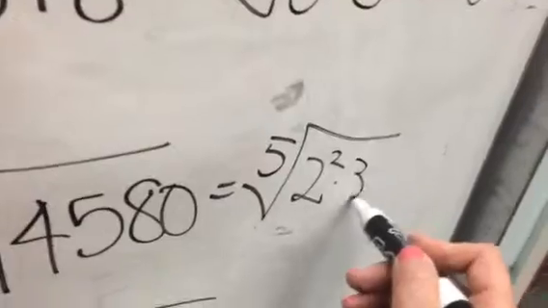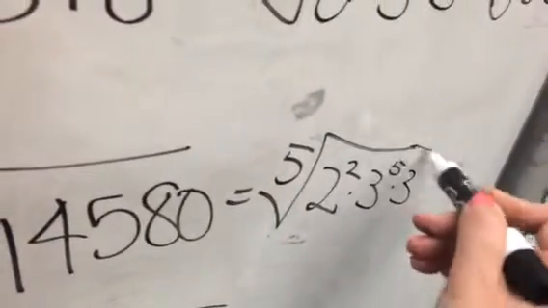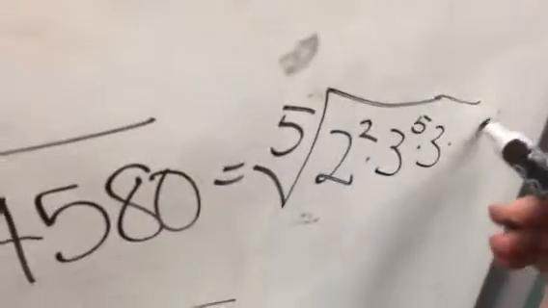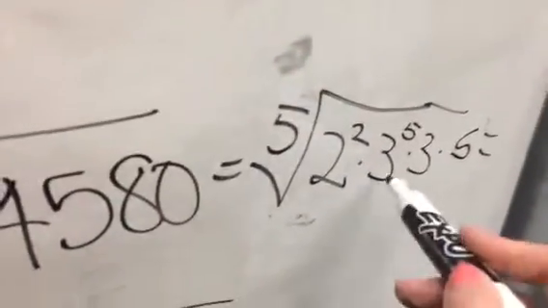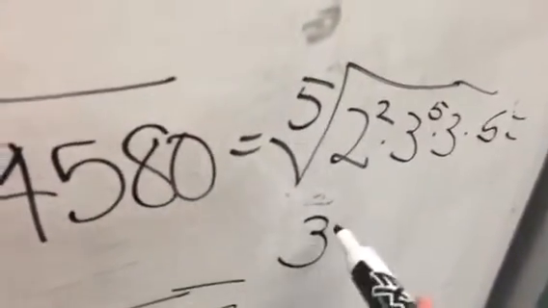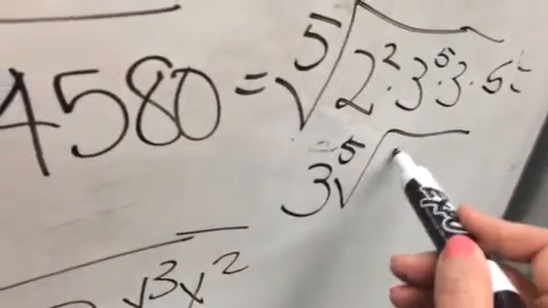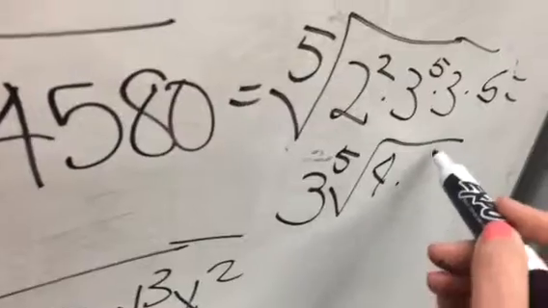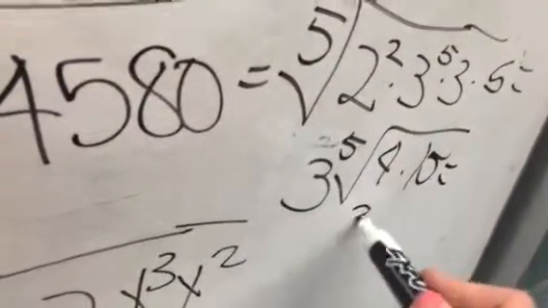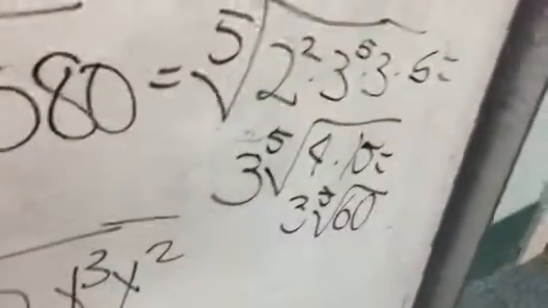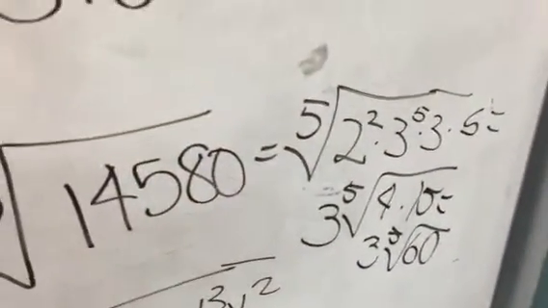So I'm going to break that down into 3 to the 5th times 3 because I'm trying to break things down into fifths, and then 1 5. So my final answer, the 3 is going to pop out. I'm going to have 3 fifth roots of 2 squared is 4, then 3 times 5 is 15. So 4 times 15. 3 fifth roots of 60. Okay, and that's the answer.